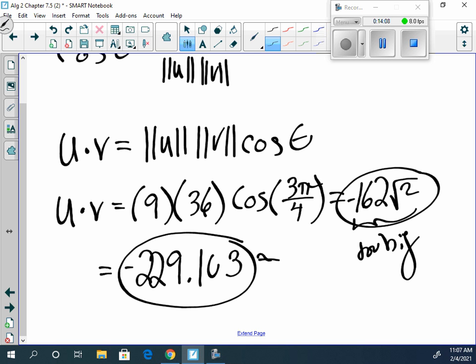Does that make sense for this here? That'd be nice having that equation written down. Any questions on any of this here? Yeah, because you just plugged in the magnitude of u times the magnitude of v times cosine of our given angle, and it gives us the answer.